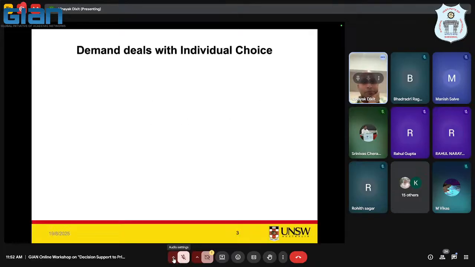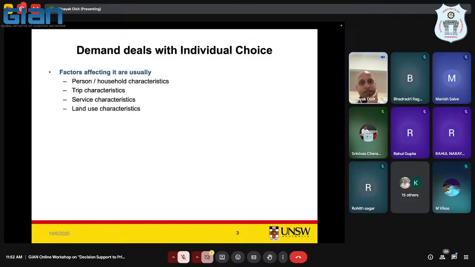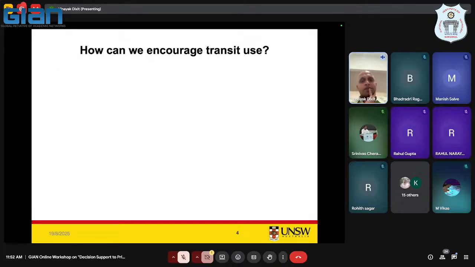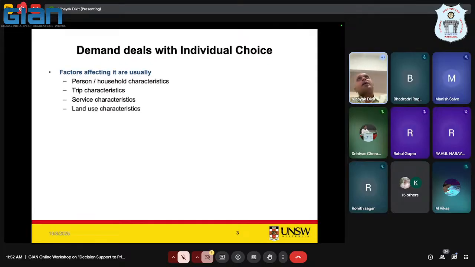So what does demand mean? Demand basically deals with choices. Individual choices, or in the case of transport, some of these choices are household decisions as well.